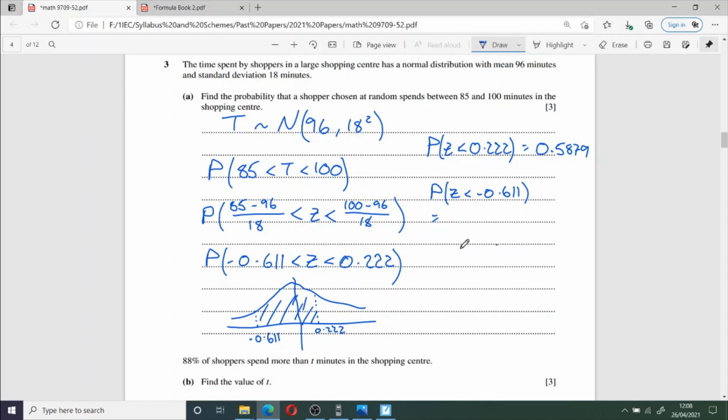Because I don't have negative values in my table, let me just do a quick sketch. Instead I'm going to look up 0.611. When I look that up, that's going to tell me what's on the left hand side, and I want what's on the right hand side. So I'm going to do 1 minus the probability of 0.611.